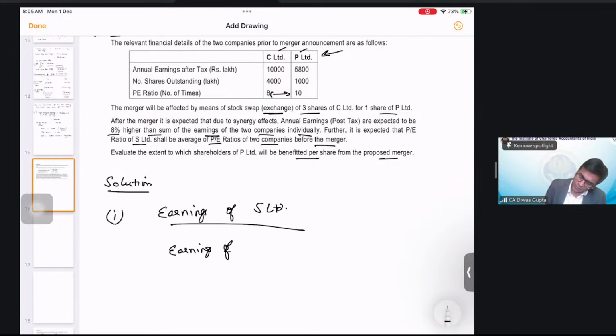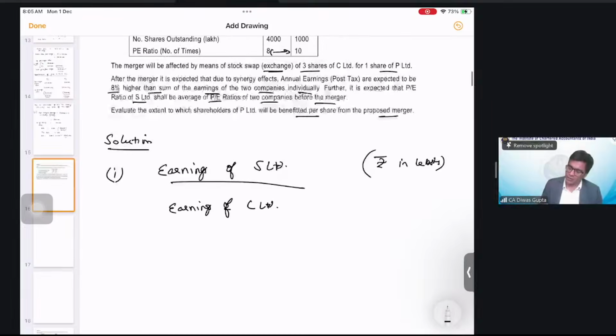Earnings of C Limited are given as 10,000, right? In lakhs it is given. So let's mention here rupees in lakhs. This is very, very important, students. Whatever denomination you are using, just mention that in the solution as well.